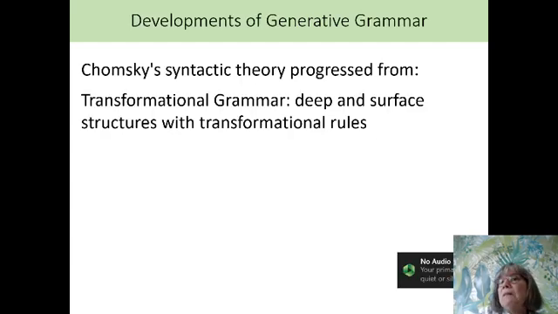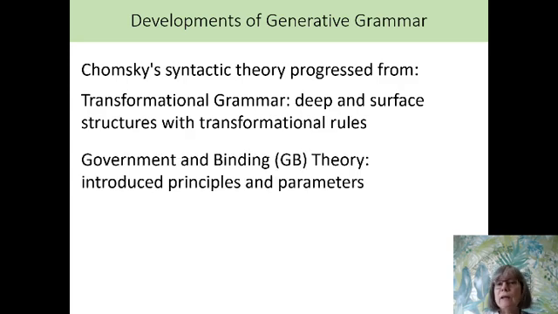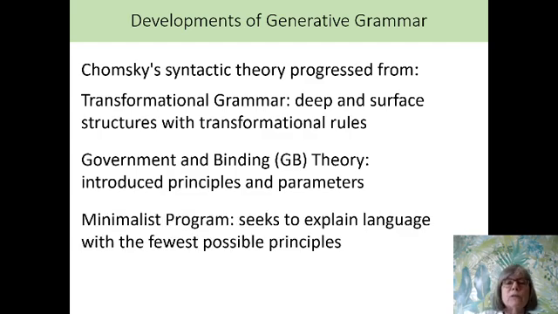So now that you know a little bit about early transformational generative grammar, we can think about how the syntactic theory progressed from transformational grammar, which looked at these deep and surface structures with transformational rules, to the government and binding theory. We've seen just a brief mention of principles and parameters.